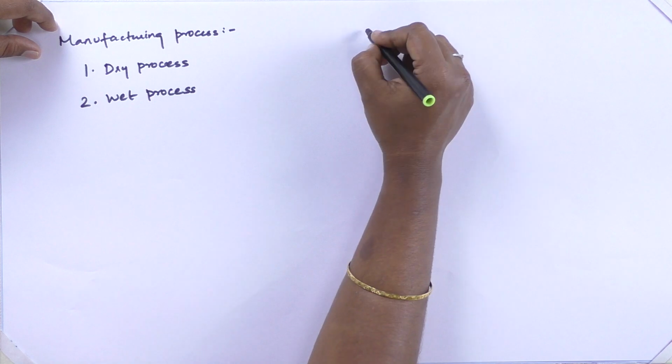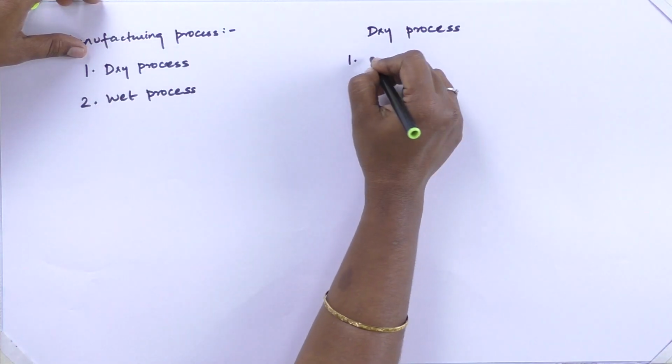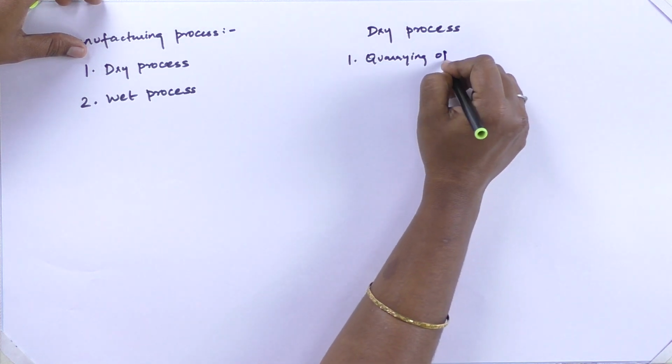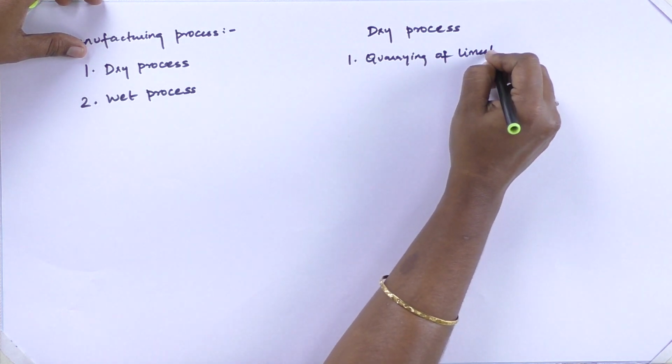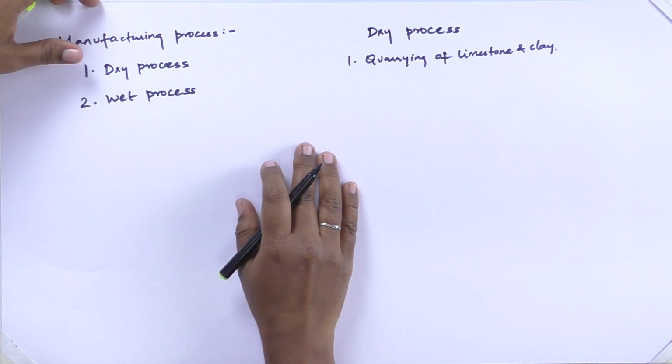First, let me discuss the dry process. In the dry process, the basic raw materials which I told you, the limestone, clay and other minerals, are excavated through quarrying of limestone and clay.